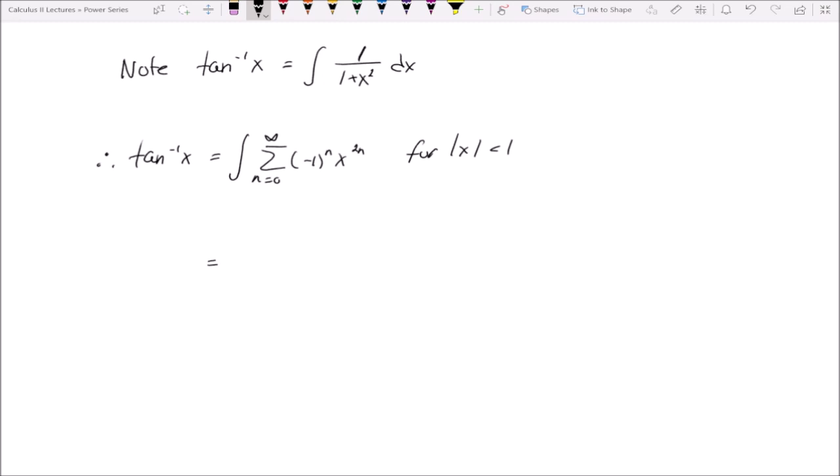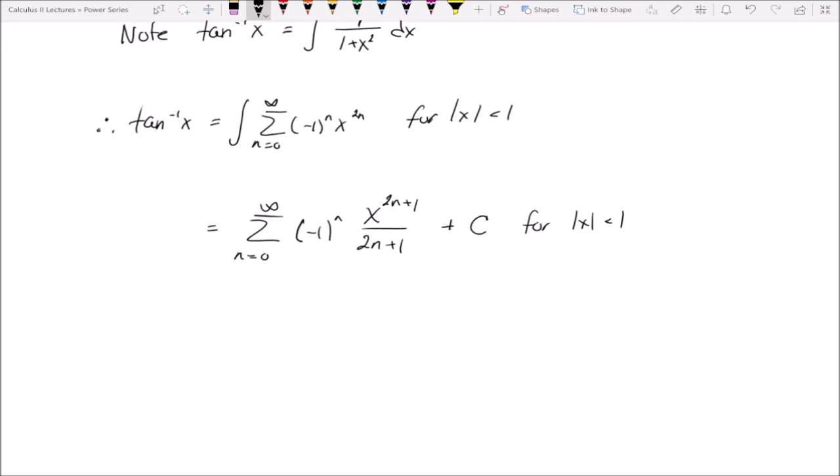So this is going to equal the series negative 1 to the n times x to the 2n plus 1 divided by 2n plus 1 plus some constant. And this is for absolute value of x less than 1.